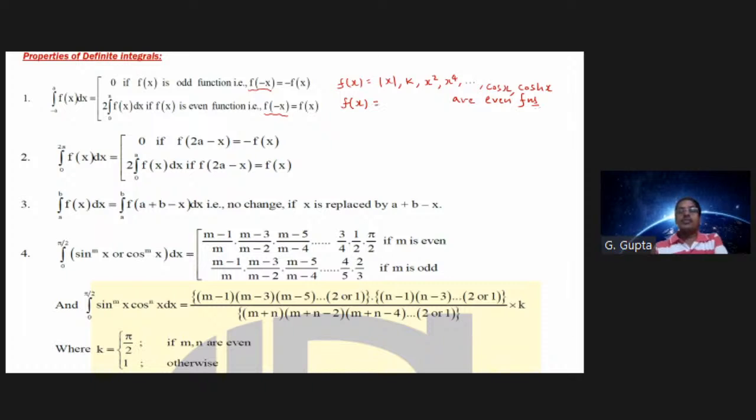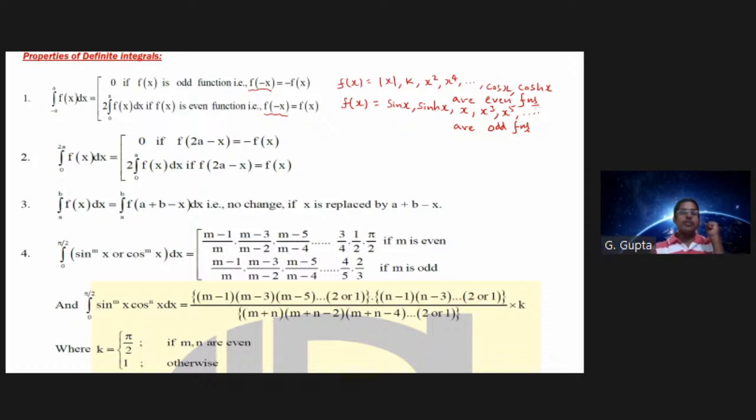F of x equal to sin x, sin hx, x, x cube, x power 5, odd powers of x, these are simple examples of odd functions. Okay, now let us start an example.